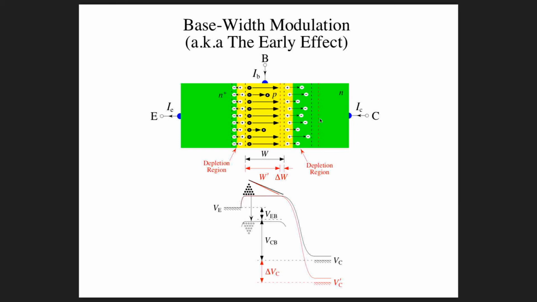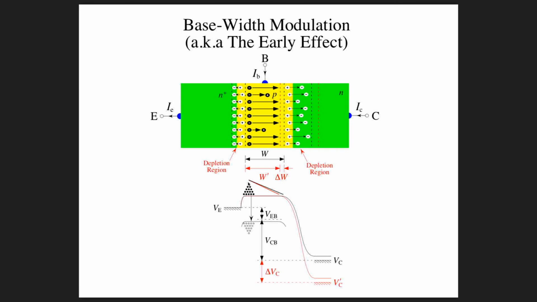It'll be more into the collector because the collector is more lightly doped than the base, but it goes into the base. And that shortens the width of the base by some delta W, and that's a slightly nonlinear function of the collector voltage.